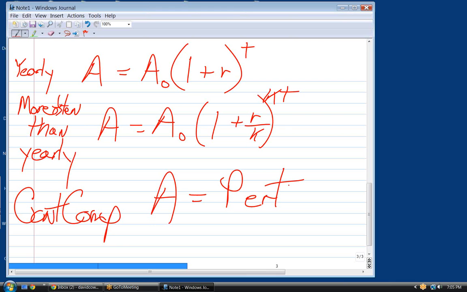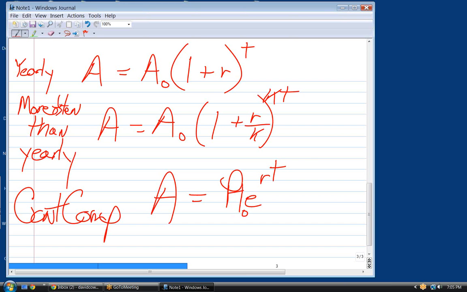Yeah. Where P is your initial amount, E is E. I think it's P E to the RT, correct? Yeah. Like that. Or A sub 0, if we want to leave it in terms of that.